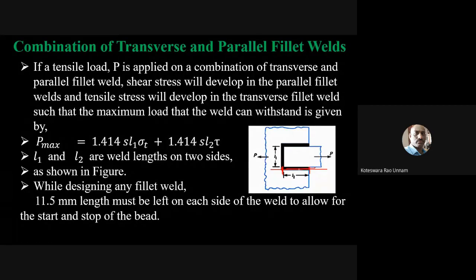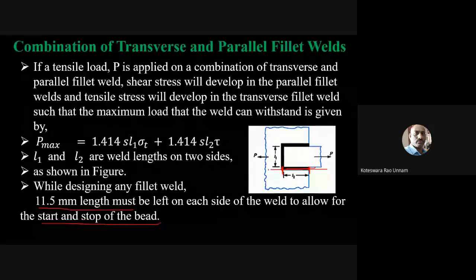I cannot make the velocity zero exactly after reaching this point. Therefore, to allow for that, they take this 11.5 mm length on either side of the weld to allow for the start and stop of the bead.